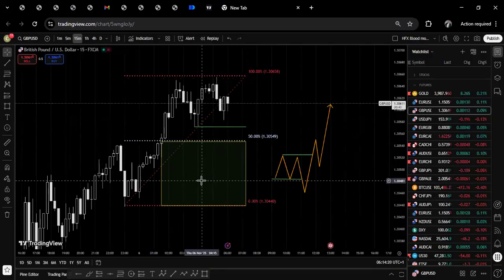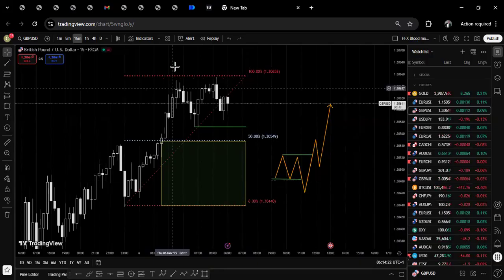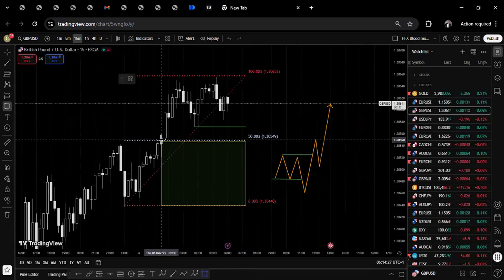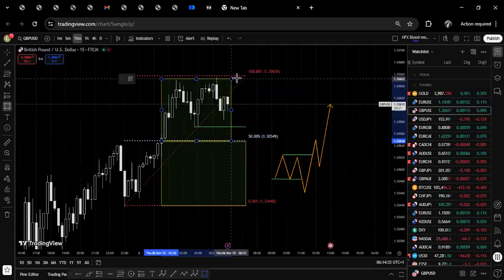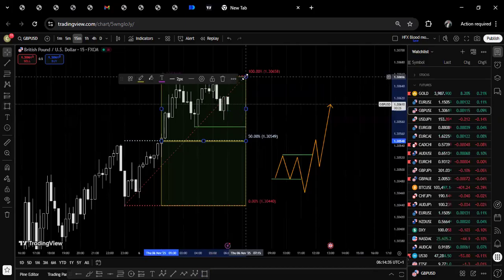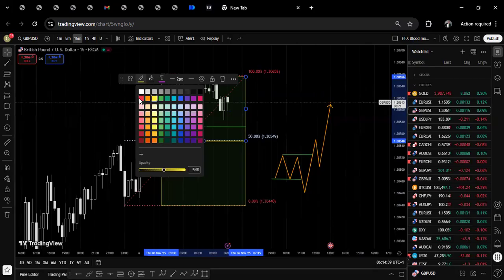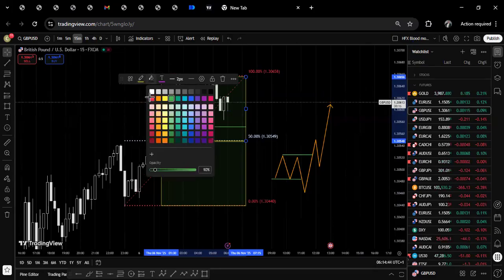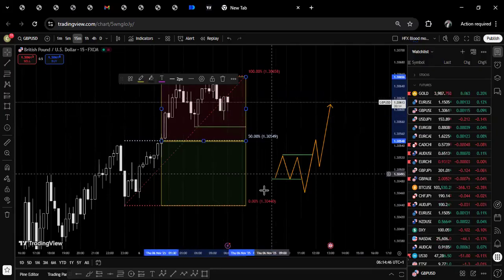I put it as buy zone, then sell zone. Let me mark that up above. Buy zone, sell zone. Let me use red for the sell zone.